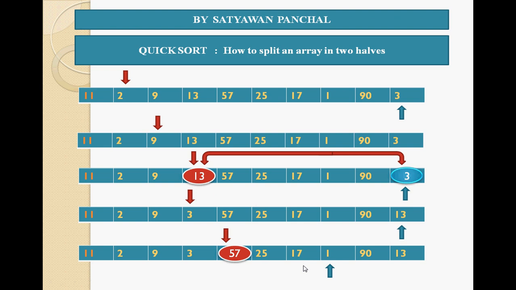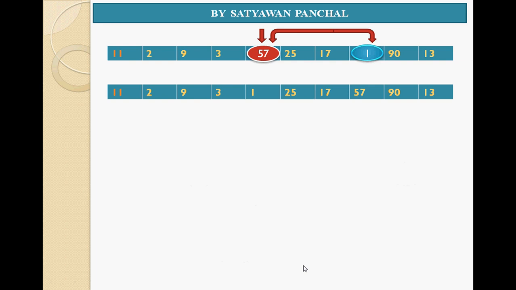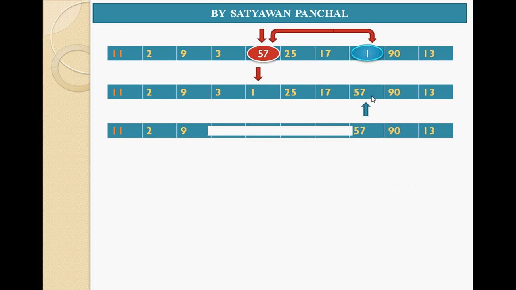So on the next slide we will be interchanging these two values. Our point of consideration we have found, and these two values 57 and 1 will be interchanged. So you can see here on the next part 1 is taken here and 57 is taken here. Next we proceed.